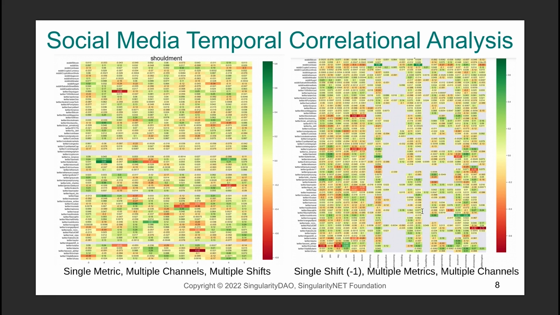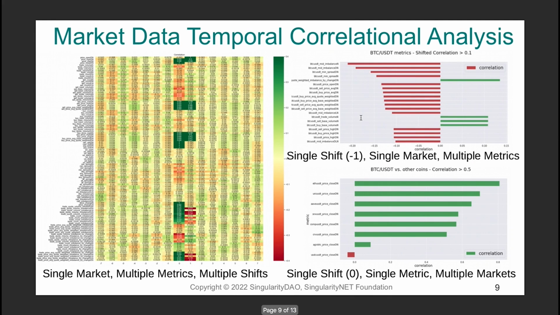On the right, you can see another slice of this three-dimensional data cube. So we have the shift fixed, a single shift of -1, and we consider multiple metrics and multiple channels. The metrics are on the bottom, channels are on the vertical axis, and you can see which of these metrics on which of these channels are highly correlated positively or negatively with the price difference.